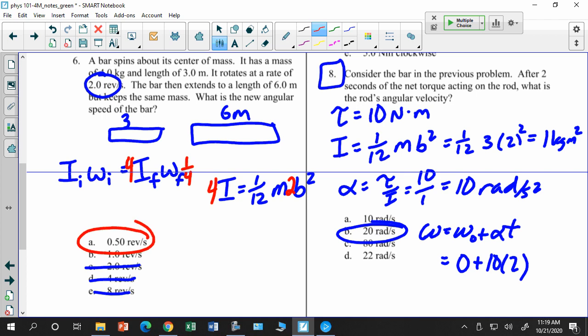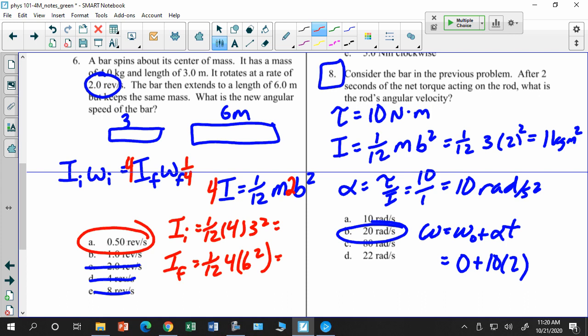There is a harder way, and that is I can just calculate I initial. That's 1/12 times 4 times 3 squared, which is 3. I can calculate I final. That's 1/12 times 4 times 6 squared, which is 12.